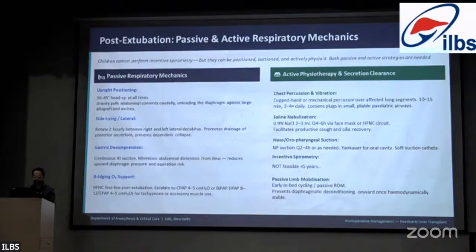Position change every 2 hours, and gastric decompression using a Ryle's tube, helps the child breathe easier. Active physiotherapy includes chest physiotherapy and vibration, lasting 10 to 15 minutes, 3 to 4 times daily. Saline nebulization loosens the secretions, with nasal and oropharyngeal suctioning by Yankauer. This helps the child cough and clear the secretions.